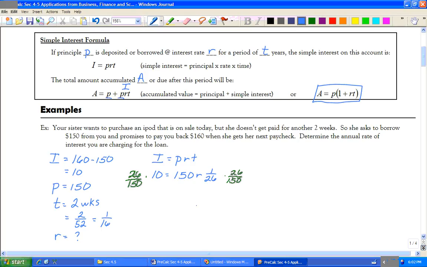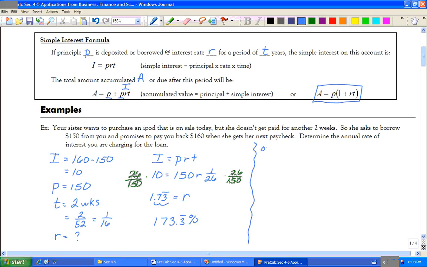And if we solve that, we end up with r is equal to 1.73 repeating. And remember that this is in decimal form, so if we want to turn it into a percentage, this time we have to move our decimal twice to the right. So this is saying the interest rate on this loan is 173.3%. That's pretty steep.